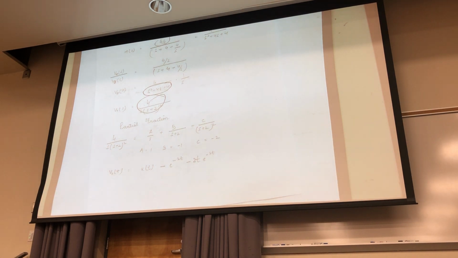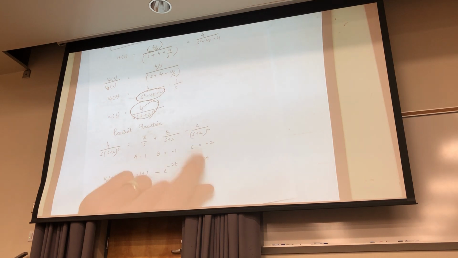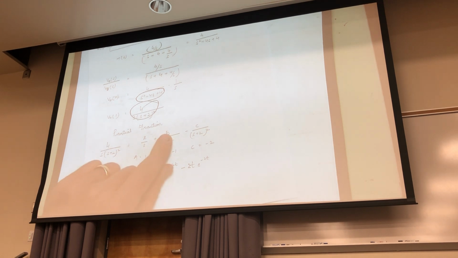And at this point, it didn't matter how you figured it out. To get A, you simply cover up the S and evaluate this at S equals 0. To get C, you multiply through by S plus 2 squared and evaluate at S equals minus 2 to get that, which is going to be minus 2. And to get B, you could do the derivative method, or you could just match coefficients. It didn't matter to me which way you chose to do it.